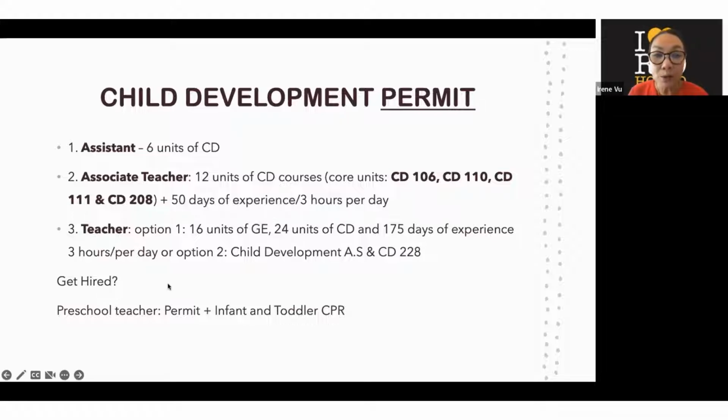Or if you have 16 units of GE, which is around how many classes? 16 divided by 3, about 6 to 7 courses, right? And then you need to have 24 units of child development and 170 days of experience. Then you can apply for the teacher permit.